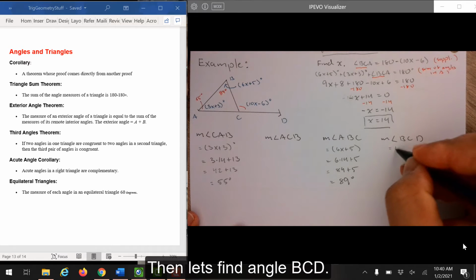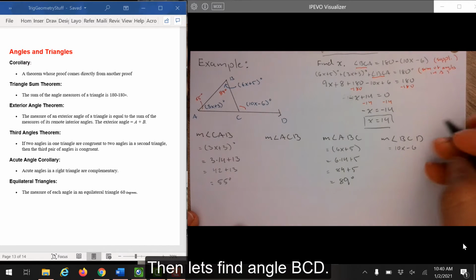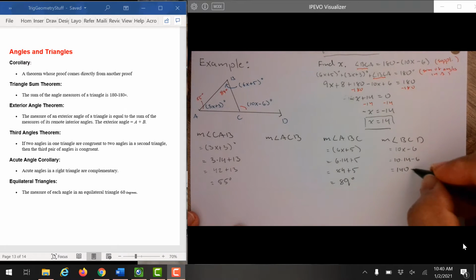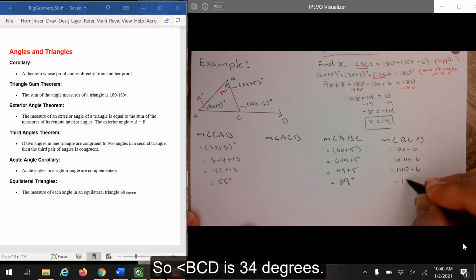Then let's find angle BCD. So angle BCD is 34 degrees.